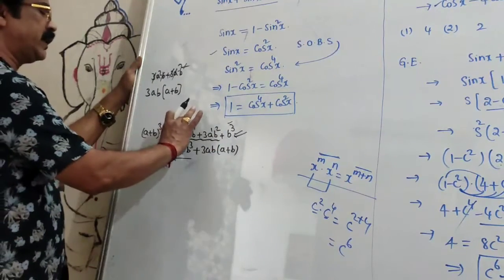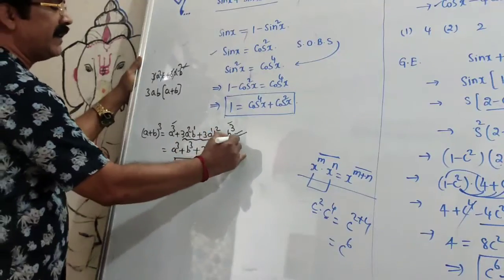Okay, this is a plus b whole cubed, either this or this. At present we are using this.